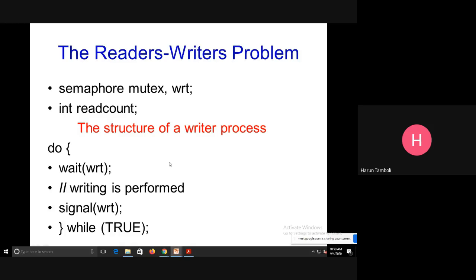In the wait function, we are decrementing a write variable, and then the user can enter the section. After performing the writing, it can perform the signal operation, which indicates to other processes that they can access this updated data. So this is the simple structure for the writer process.